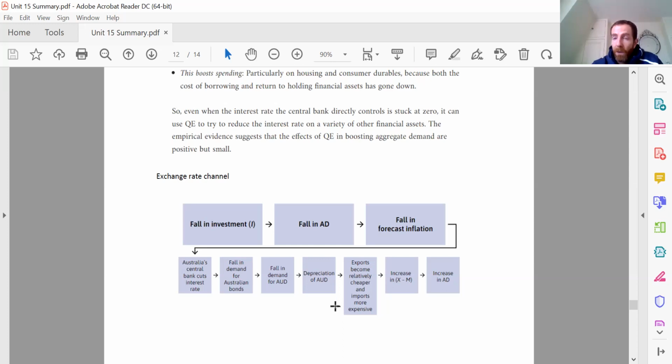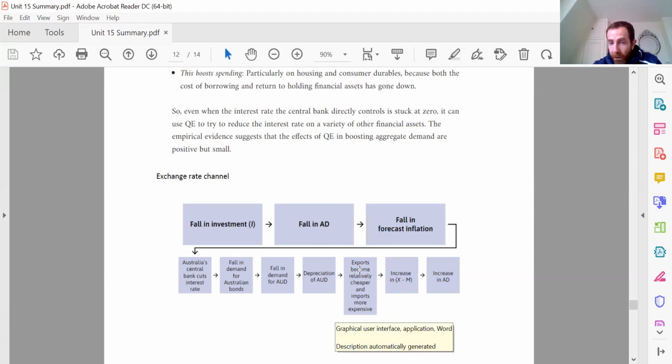Similarly, Australians using their own currency to get hold of foreign goods now have to use more of their currency to get the foreign currency to buy those goods from abroad. That's going to make imports more expensive.